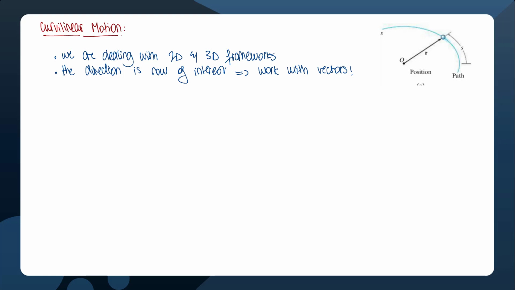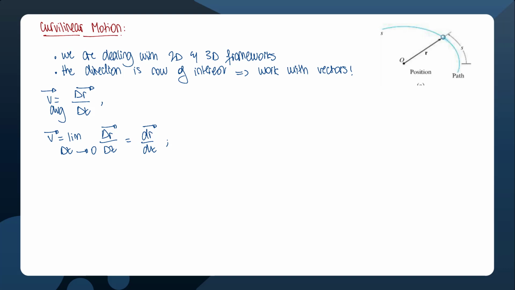And so one can write that the average velocity in a 2D or 3D framework, as a vector, is equal to delta r as a vector divided by delta t. Similarly, taking the limit as delta t goes to 0 to get the instantaneous velocity, one has that dr as a vector divided by dt is equal to v as a vector.